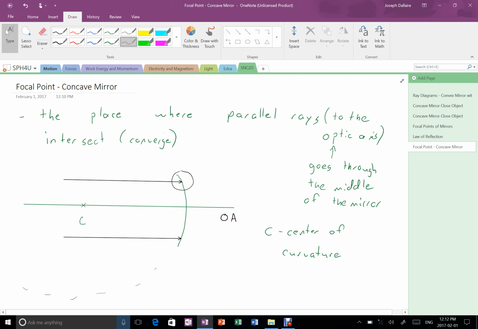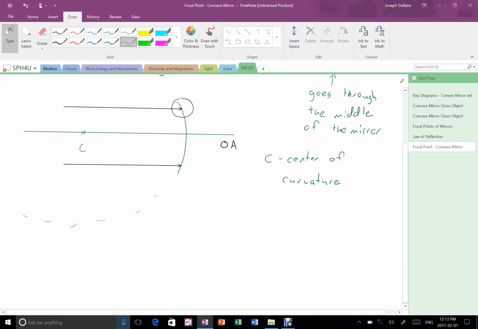Okay? So for what I'm going to draw, we're going to assume that's that circle. So we have this part of the mirror right here, and we have our ray coming in. Now, remembering our law of reflection, the normal to this mirror means at 90 degrees to the mirror, so it would be something like that. It would be a line joining the center of curvature to that point. That makes 90 degrees with the mirror.